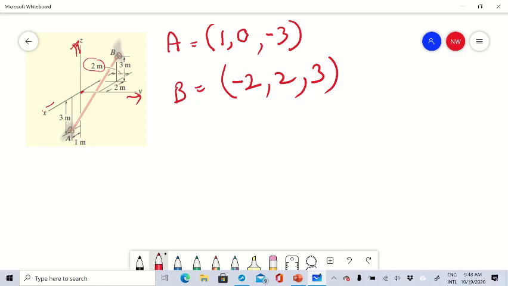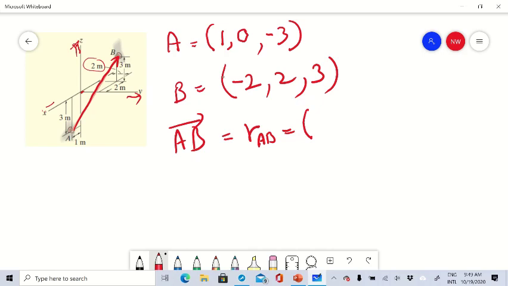Now we want to find the vector AB, or we say the position vector of B relative to A. So when we want to find this vector, we should subtract the tail coordinates from the head coordinates, right?